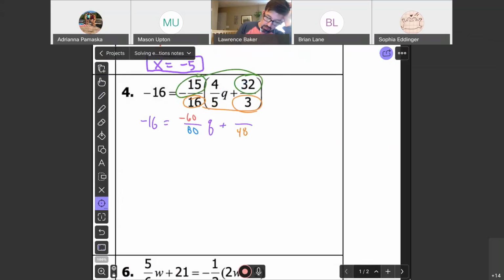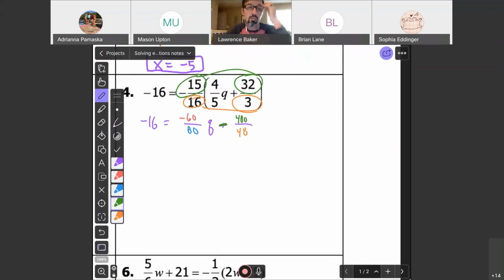And 5 times 32 is 160. So 320 plus 160 is 480. That's going to actually be a negative 480. So what I'm going to do is switch this to a minus sign since it's negative. There's our multiplication, right?